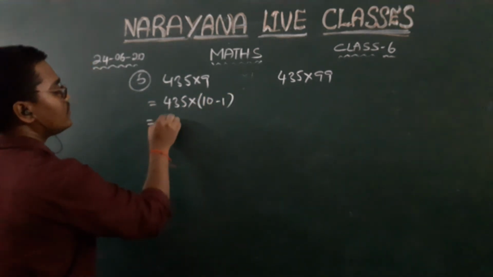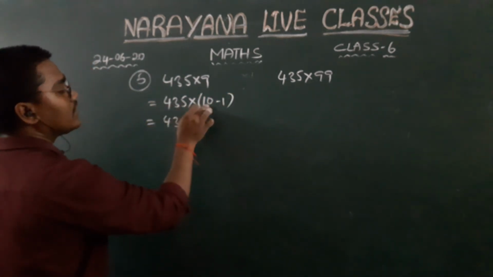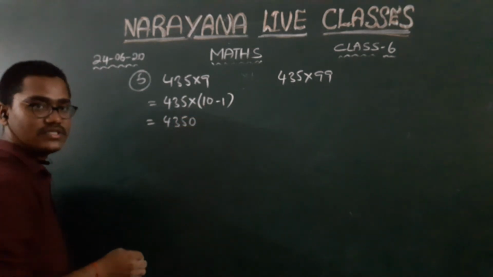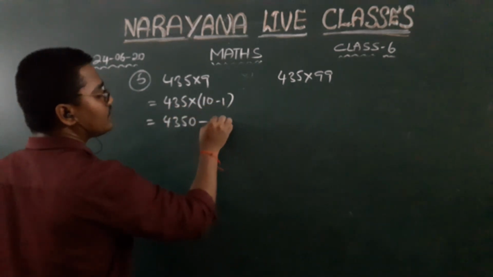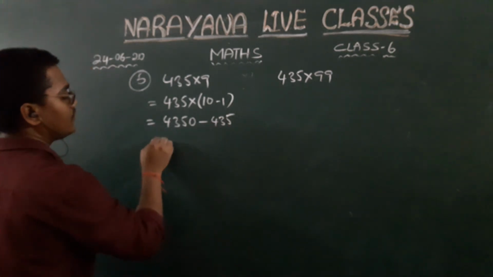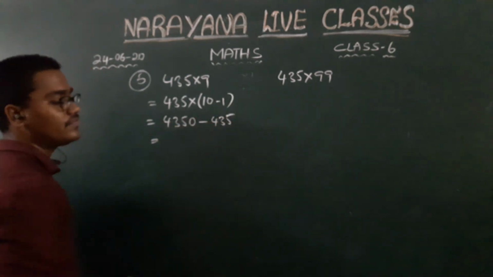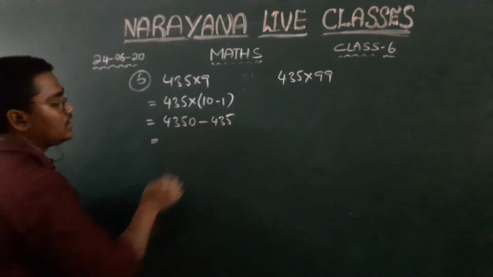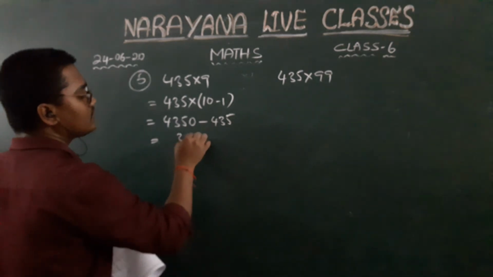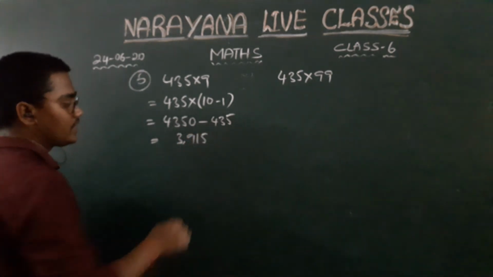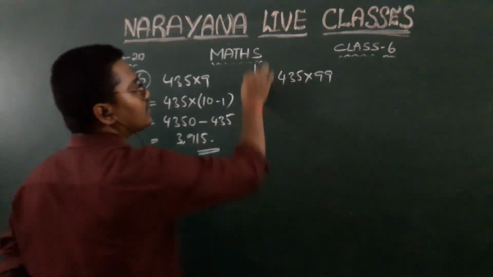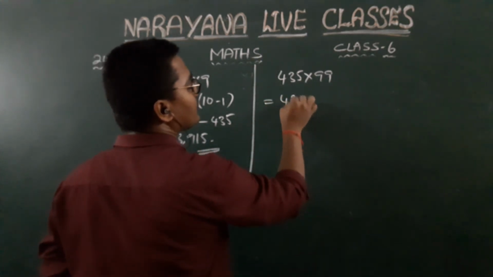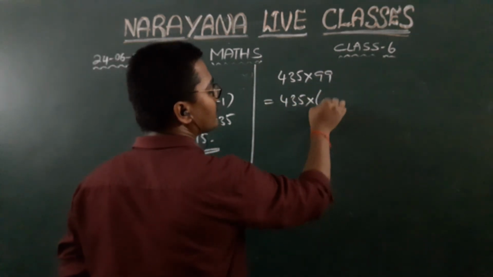So that is 435 into 10, which is 4350, minus 435 into 1, which is 435. When you subtract 435 from 4350, you will get the resultant answer as 3915.